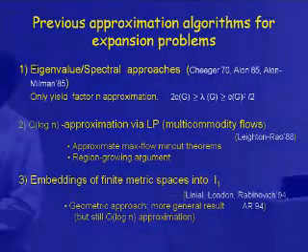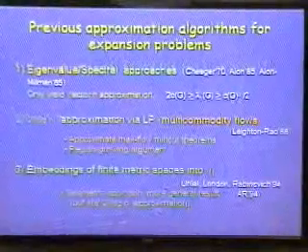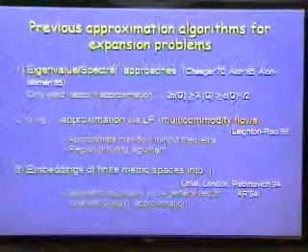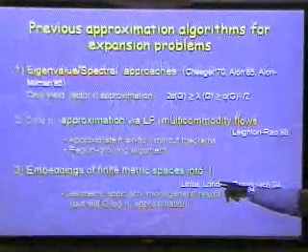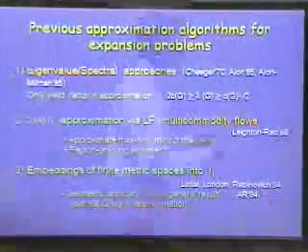And then the third technique, which was related, was introduced by Linial, London and Rabinovich, and soon after by Aumann and Rabani. That involved the observation that cut problems have a very close connection to embeddings of finite metric spaces into L1. I'll talk about this precise connection later on.